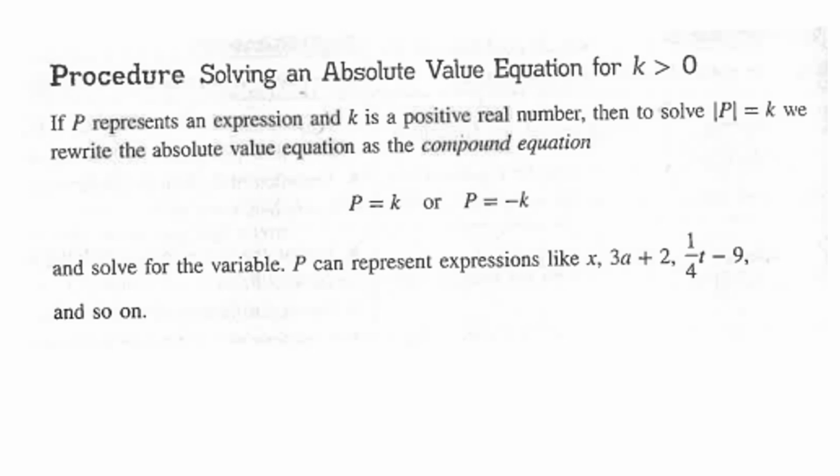We're talking now about solving a problem that says the absolute value of p is equal to k. Our approach is we will rewrite the absolute value equation as a compound equation. If the absolute value of p equals k, we will say that p equals k, or, and that's the word or, p equals minus k, and solve for the variable in each case.